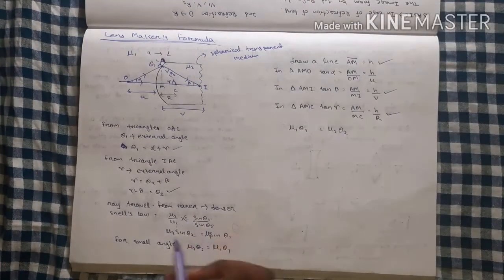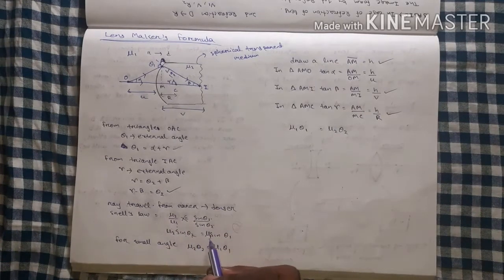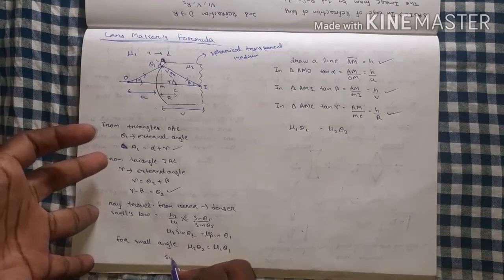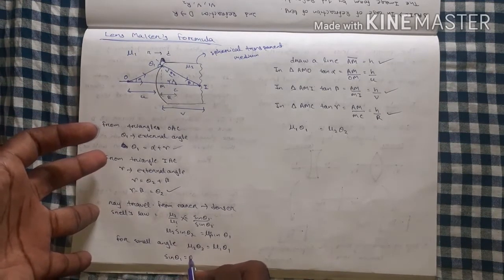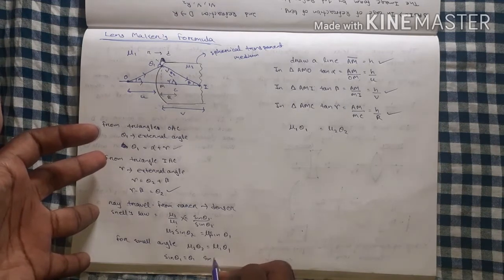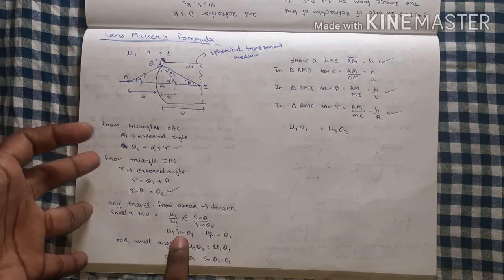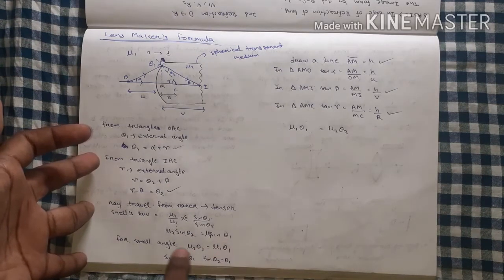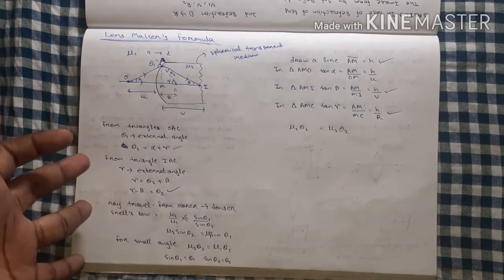Cross multiplication, mu 2 sin theta 2 equal to mu 1 sin theta 1. For small angles, we can consider sin theta 1 equal to theta 1 and sin theta 2 equal to theta 2. Yes or no? So in place of sin theta 1 I replace theta 1, and in place of sin theta 2 I replace theta 2. Then mu 2 theta 2 equal to mu 1 theta 1.